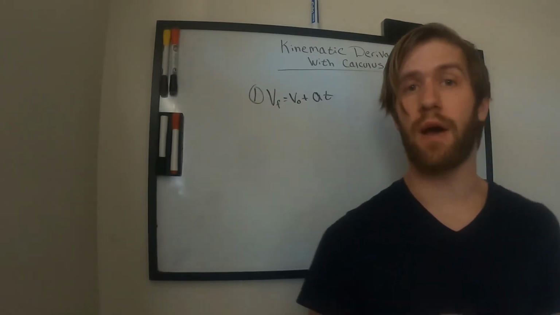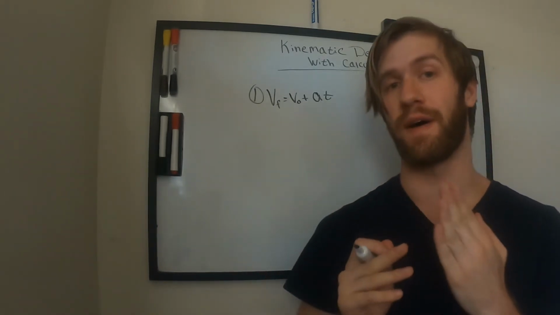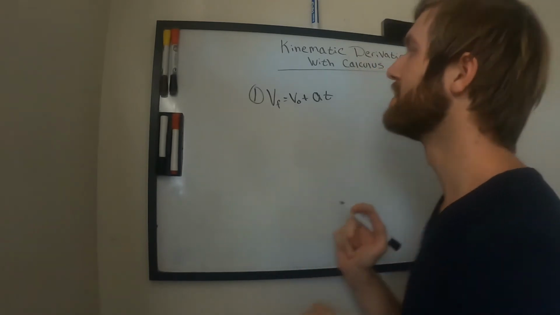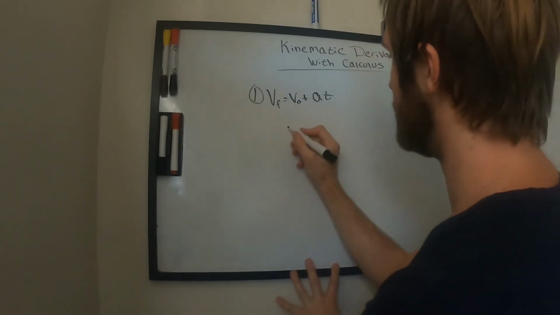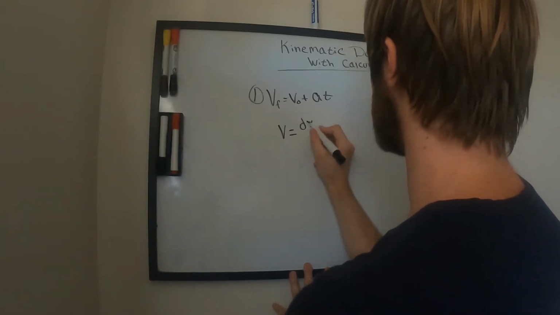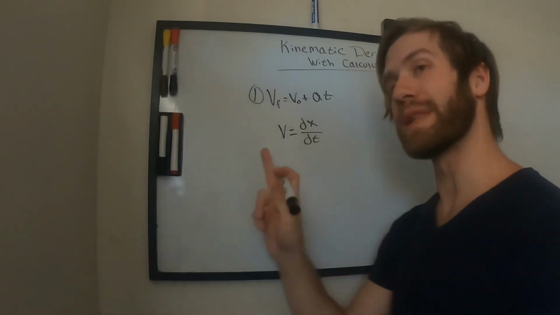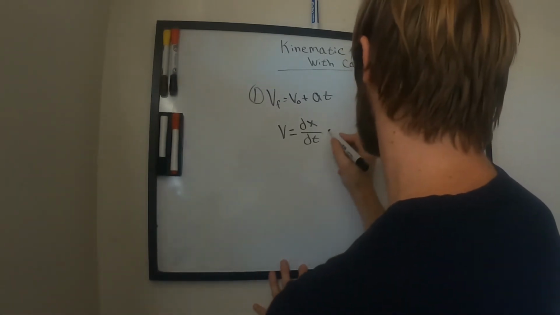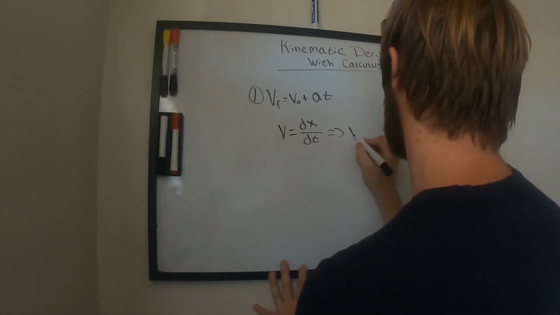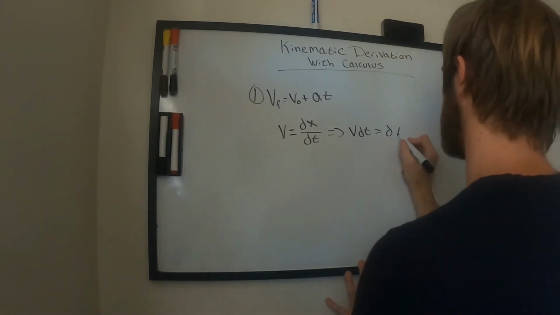Okay, so now let's start deriving the next one. This time we're going to define what velocity is. So velocity is simply the change in position over the change in time. Now let's bring that dt over. So v dt is equal to dx.